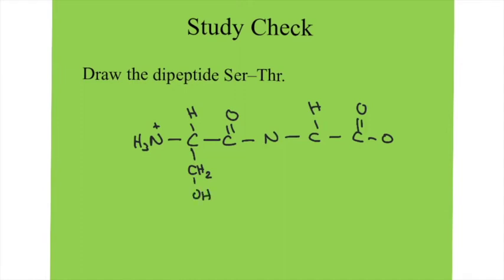Remember, carbon has to have 4 bonds. So it has 2 to hydrogen, and then 1 to the C alpha carbon, and 1 to the OH. And then for threonine, it looks almost like serine, but it has a CH3 and an OH. And so that would be your dipeptide. Serine becomes seryl, and then threonine stays threonine. So seryl threonine.